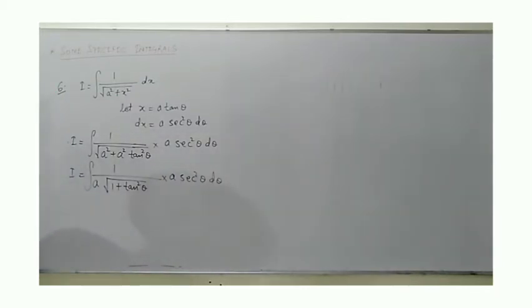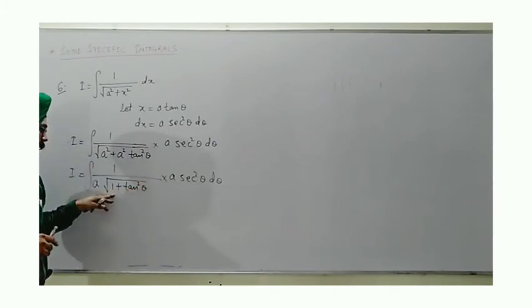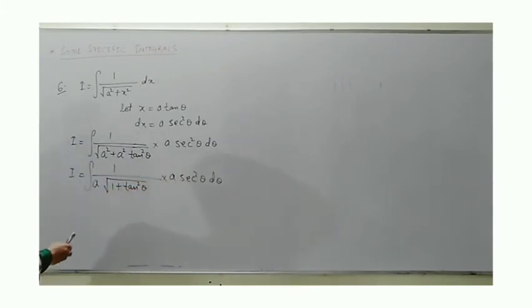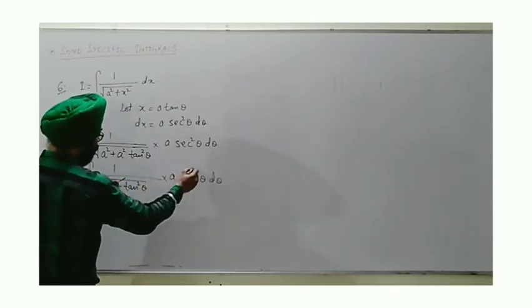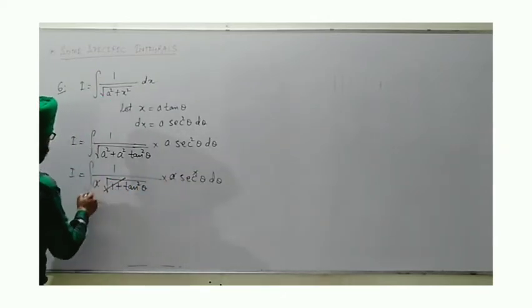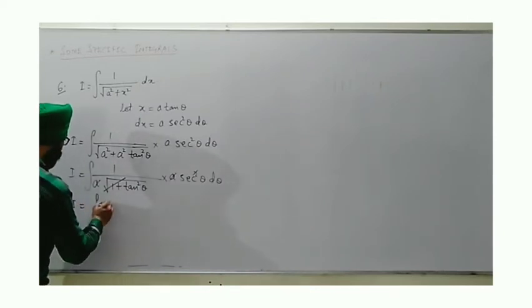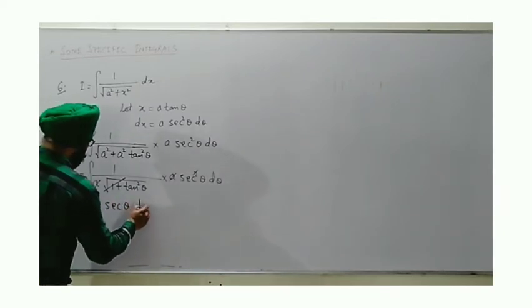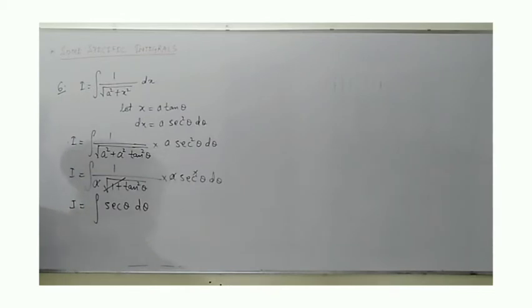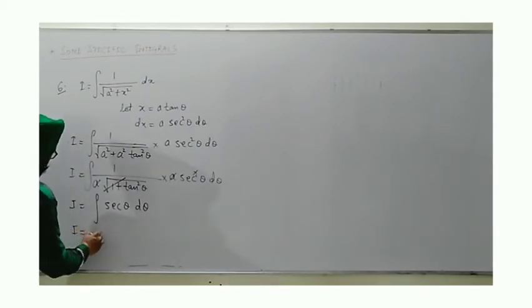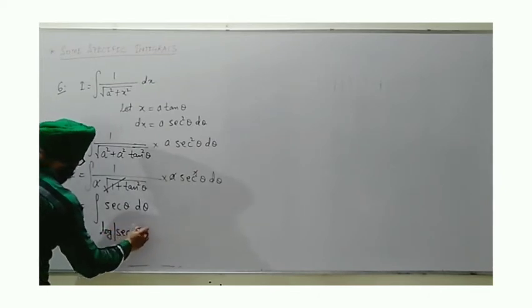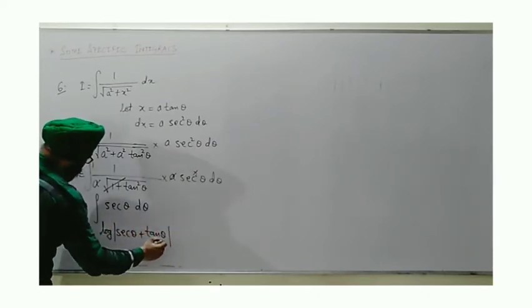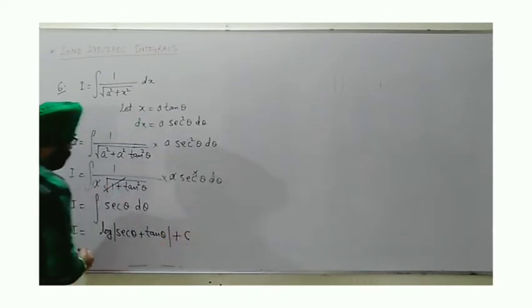Now under root 1 plus tan square theta is equal to sec theta by the Pythagorean identity. So this cancels the power here and a cancels with a, and we are left with sec theta d theta. Just like the previous case, the result comes out to be log of sec theta plus tan theta plus c.